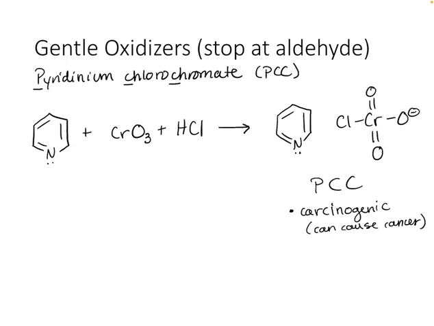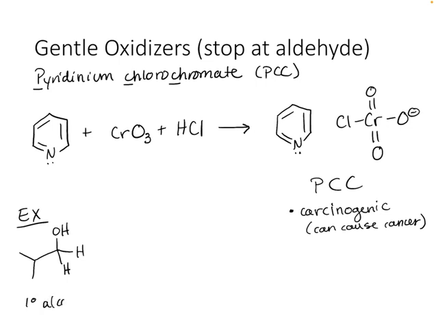But let's look at an example of how we can use PCC. So let's say you have a primary alcohol. And again, remember previously we could not stop at the aldehyde. We went straight to the carboxylic acid.